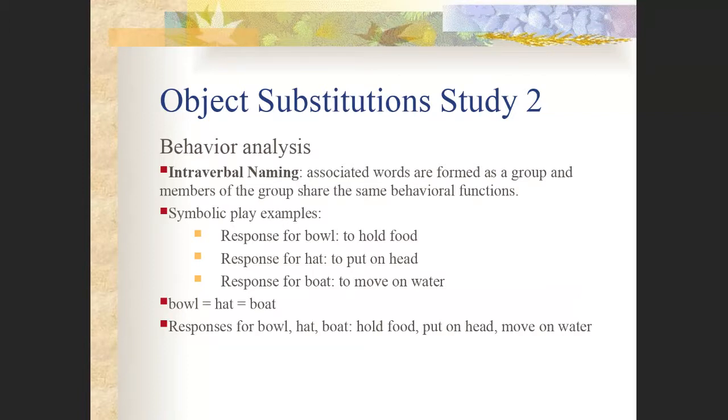The response for the ball is to hold food. The response for a hat is to put it on one's head. And the third, a toy boat, moves on water.